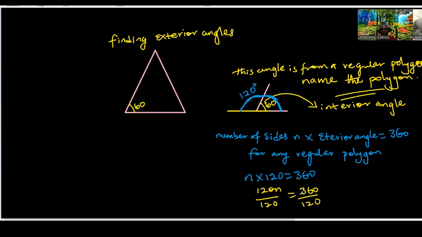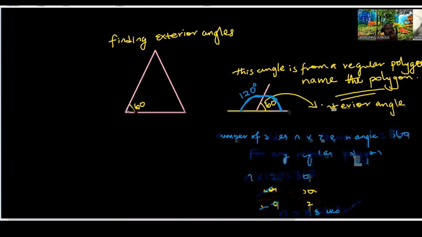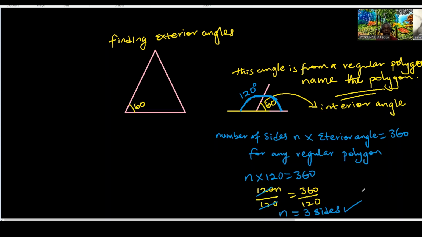Then 120 cancels 120 here. So n equal to 3 sides. N equal to what? 3 sides. Triangle. Yeah, the shape is a triangle, okay?